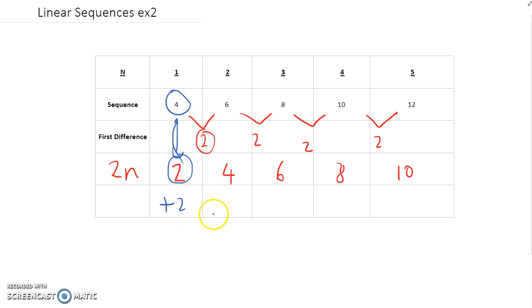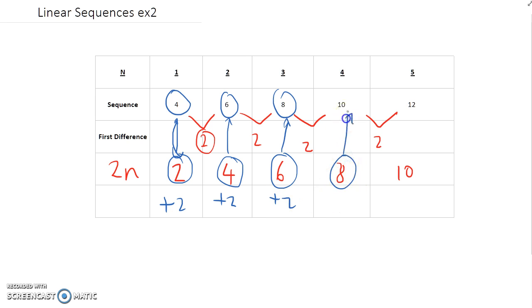To get from 2 to 4, I need to plus 2. We'll follow on with the rest to double check that there is a constant pattern. To get from 4 to 6, I need to plus 2. From 6 to 8, plus 2. From 8 to 10, plus 2. So all the differences here are plus 2. Then I can combine these two things that I've just calculated and say that, therefore, the rule for this is 2n plus 2.